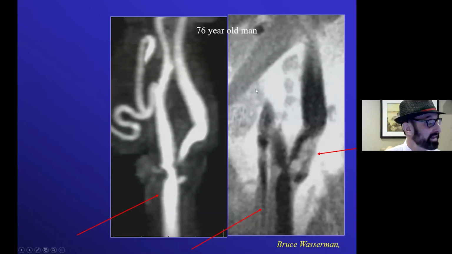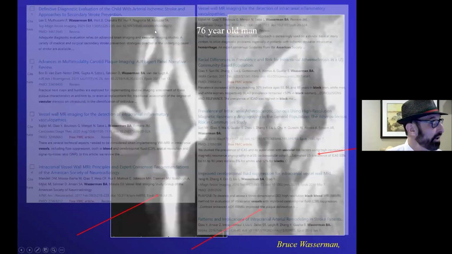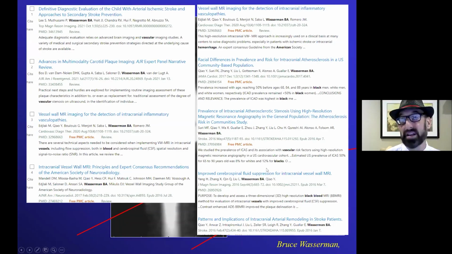Some of the work that he did was monumental in looking at not just the degree of narrowing of the blood vessels that we usually think of with the NASCET criteria, but also all of these papers that he wrote regarding the composition of the atherosclerotic plaque.